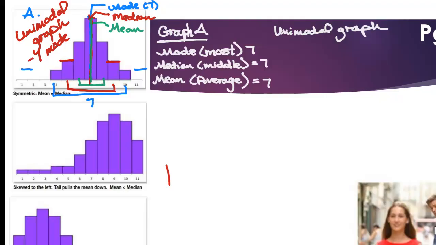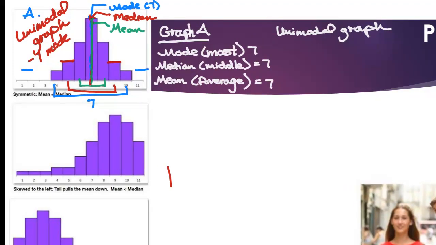When you have a unimodal graph, and what's it called when you have the same thing to the left of your median as you have on the right? What's that called when it looks the same? It is balanced. What else though? Symmetric, yes, and that's the little word down here, symmetric.